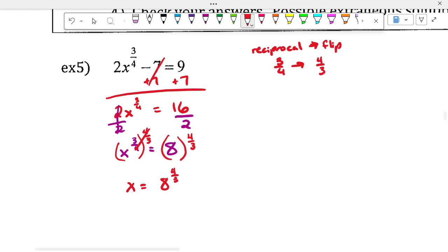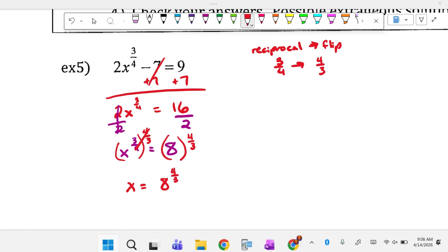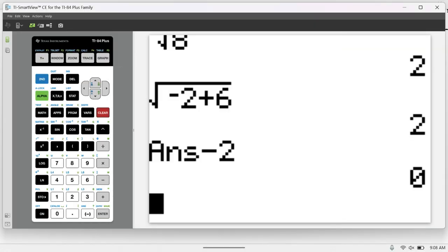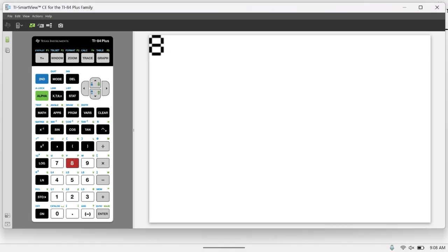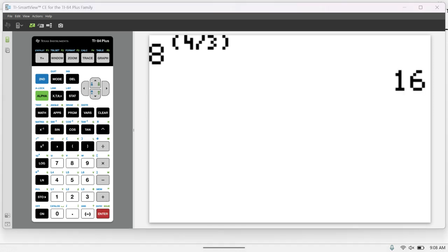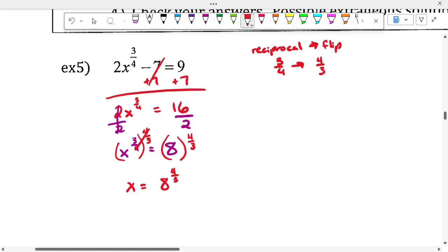And to be honest, just put that in your calculator. So in my calculator, I'm going to do 8 raised to the, I'm going to put parentheses, 4 divided by 3. My answer is 16. So x is equal to 16.